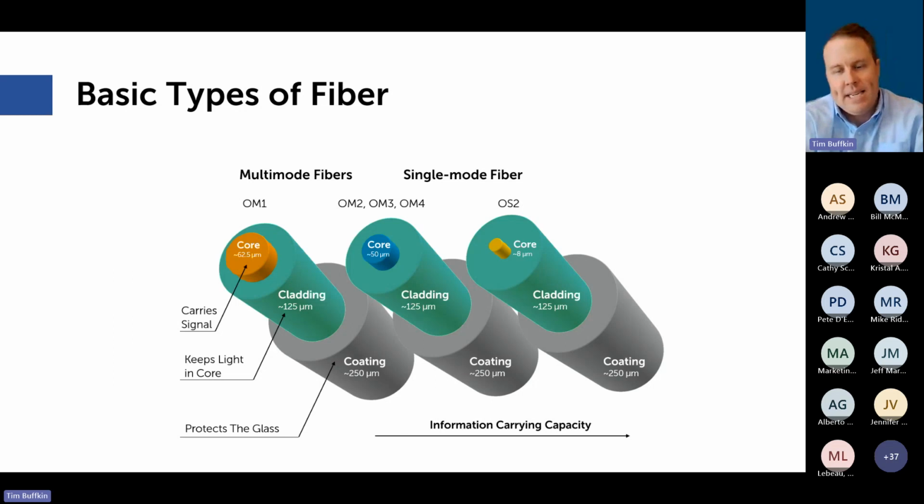The light has to get shot through that single mode fiber at a much flatter angle than you could the multi-mode fiber. Because of the angle that we're actually going into the fiber with, that increases our information carrying capacity, but also increases how far that signal can go.